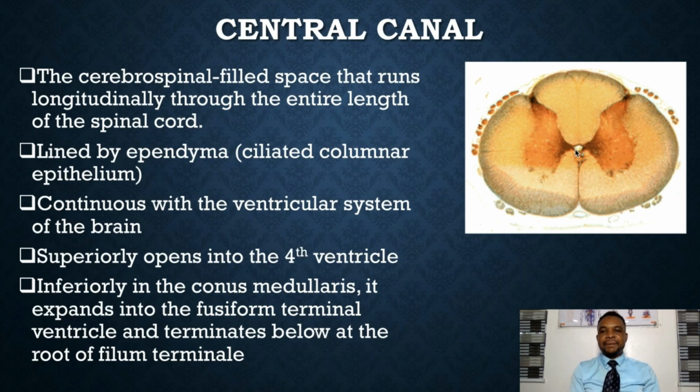It is also lined by ependymal cells, containing ciliated columnar epithelium, as we discussed in our previous video. This helps to produce or secrete the cerebrospinal fluid that helps to nourish the spinal cord and ensures that the spinal cord absorbs shock and is kept in a better position.